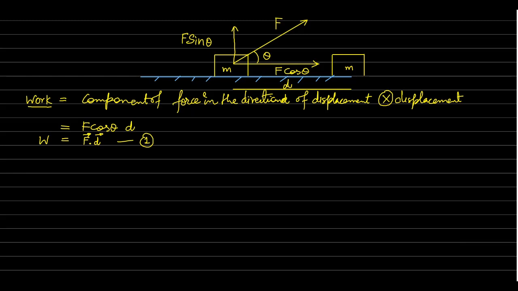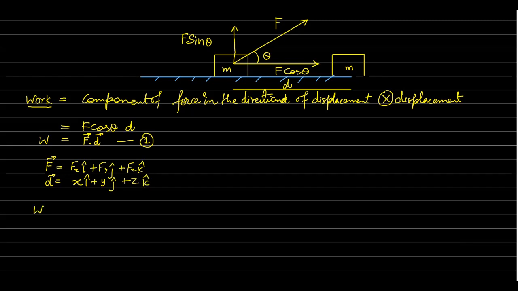Now over here, if the force and displacement are given in the form of components, suppose F is given to us as Fx i cap plus Fy j cap plus Fz k cap, and similarly the displacement vector is x i cap plus y j cap plus z k cap.